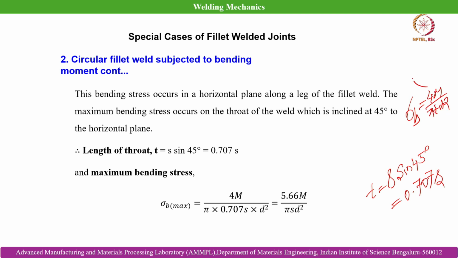Then we can write from here that it is equal to 4 M by pi into 0.707 into s into d square. So from here by simplifying, we can write that it is equal to 5.66 M by pi s d square. So if we know the value of the applied bending moment, which certainly we do, and the leg size of the weld and the diameter of the circular rod, then we can calculate the maximum allowable bending stress the circular rod can withstand, which is joined with the base plate.